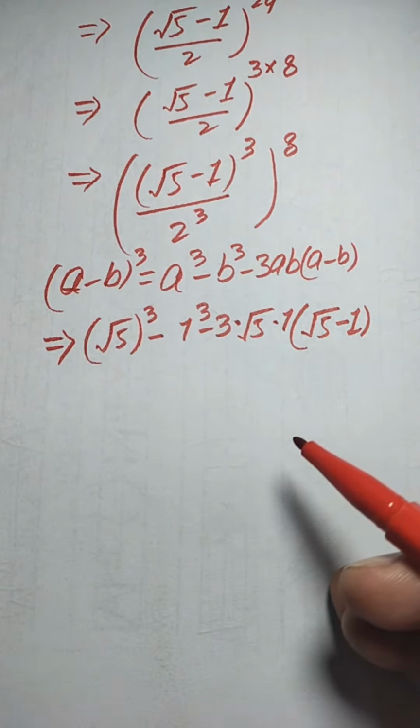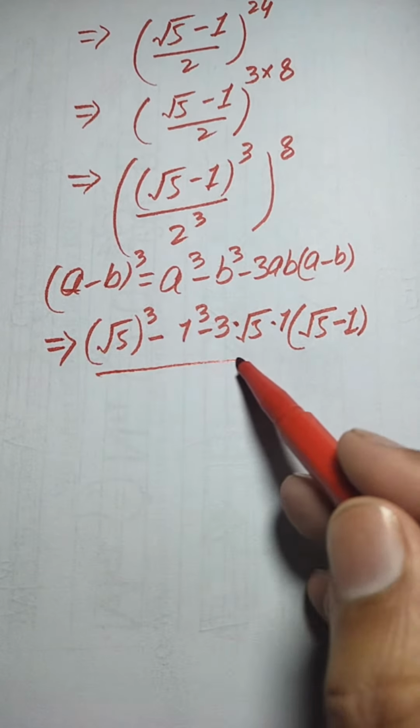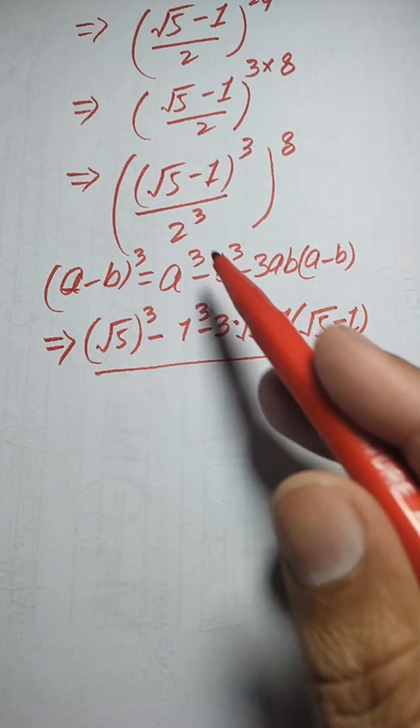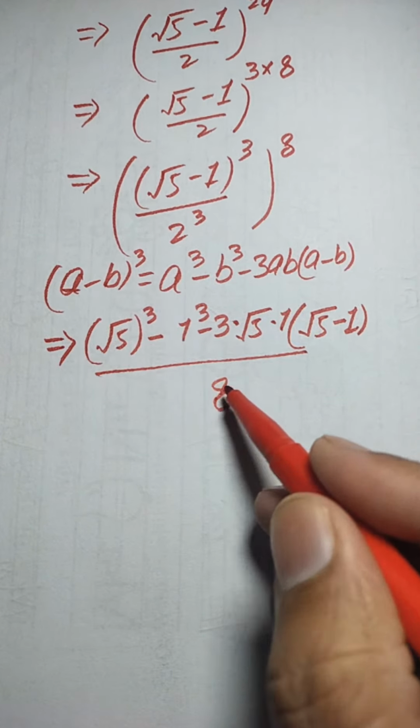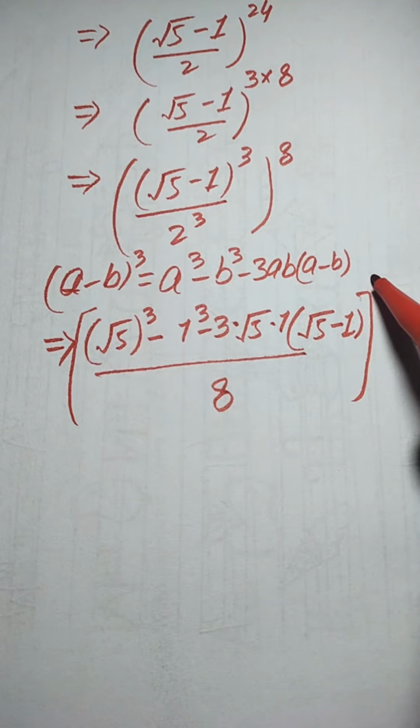In the next step we need more simplifications, and it is divided by 2 cubed, and we know that 2 cubed is equal to 8, and its whole exponent is 8.